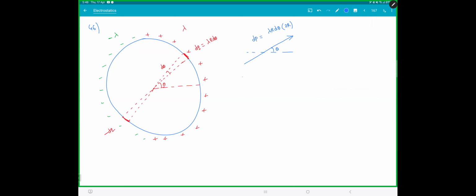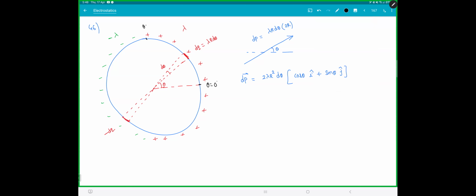But remember, whenever you integrate a vector, we resolve it into components. So dp is 2 lambda r square d theta (cos theta i cap plus sin theta j cap). This will be the dipole moment for this small piece, and then you're done. You integrate this. What are the limits? Starting from here it will be theta 0.